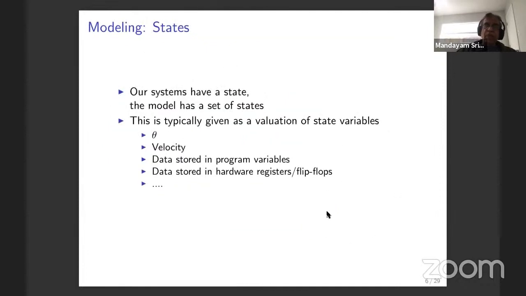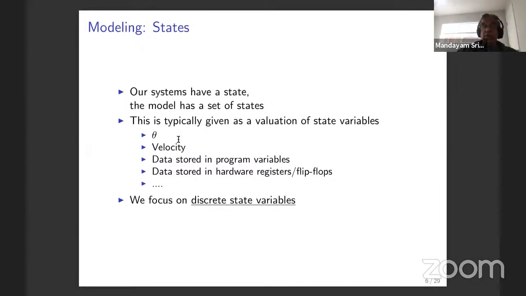Particularly, you will have to determine which state variables are relevant, and what is the set of values that those chosen state variables range over. In this course, we assume that our state variables are discrete, in the sense that they range over discrete sets, as opposed to continuous sets like real variables.